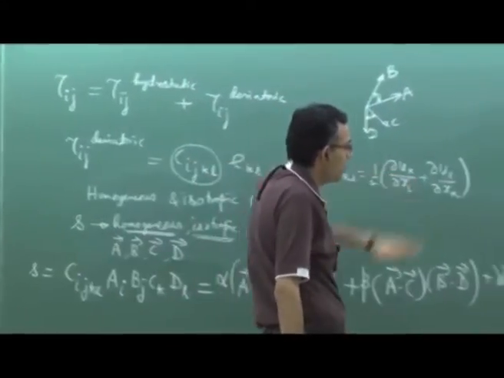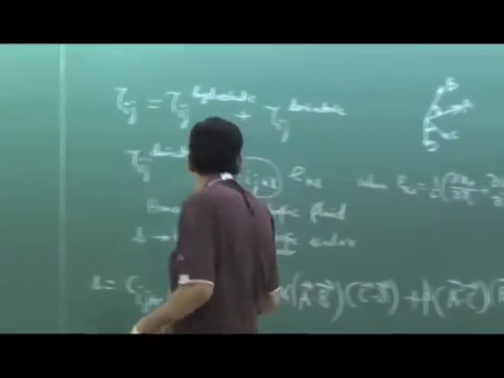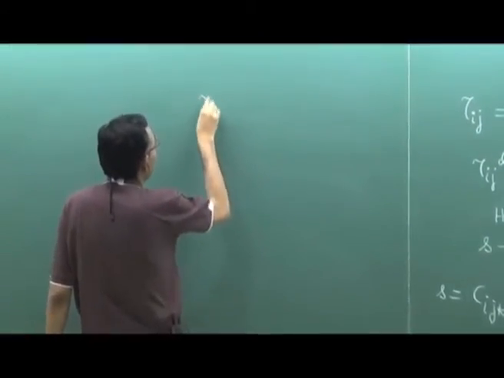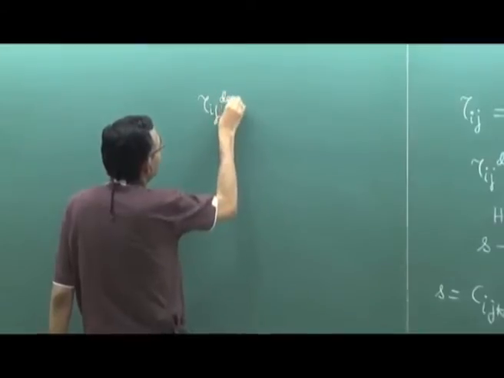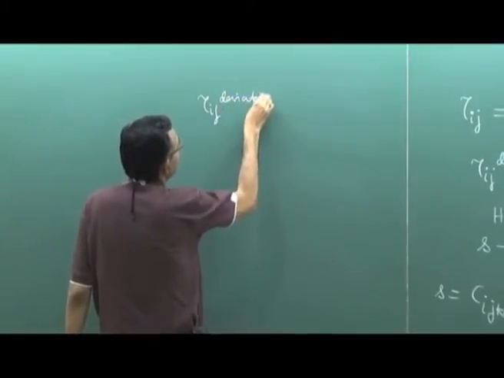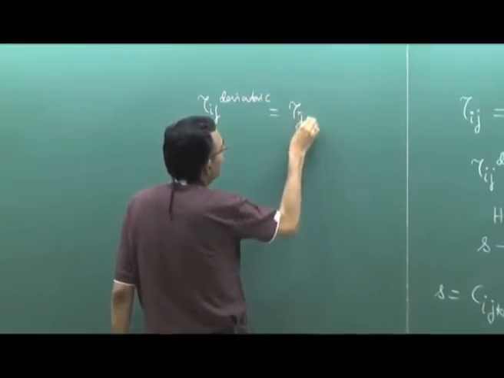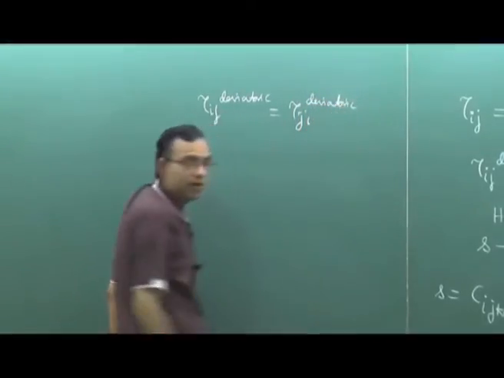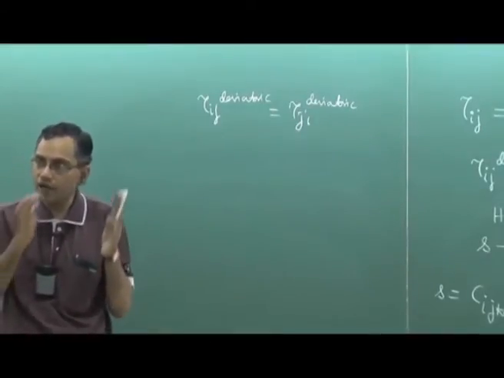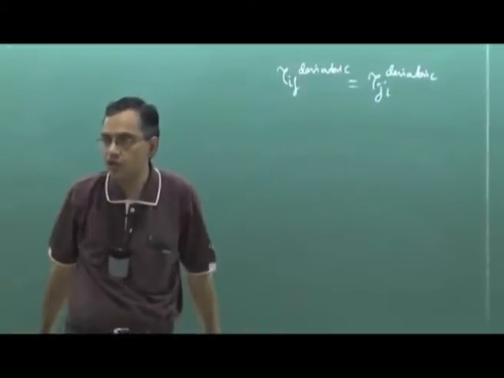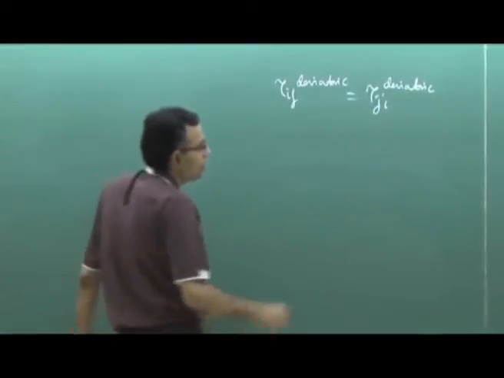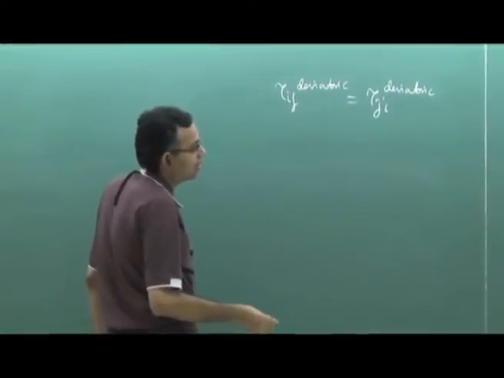Now we can reduce the number of properties even further by noting that tau_ij deviatoric is equal to tau_ji deviatoric. Because the stress tensor is symmetric, the individual hydrostatic and deviatoric components are also symmetric. So we will swap i and j.